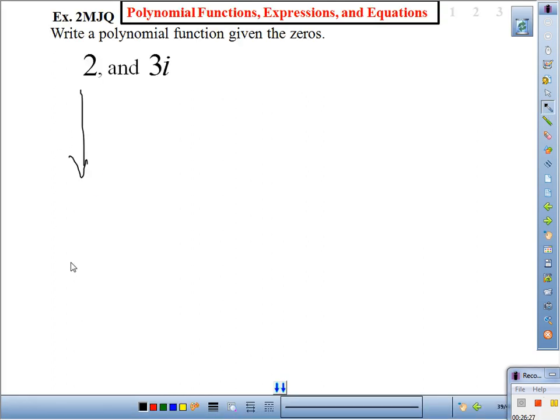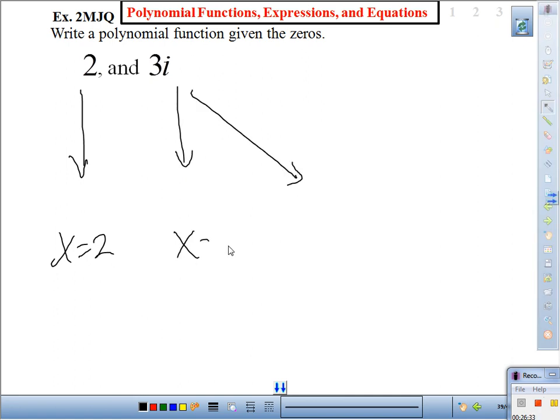Look at this one. Look up, please. Where's my 0? x equals 2. Tell your neighbor the zeros for this one. 3i and negative 3i. That is correct, because that comes from where? From a square root. Yes? In mathematics, we call that the conjugate.